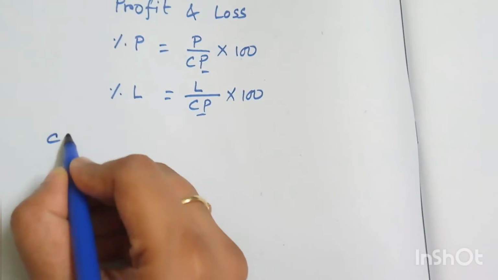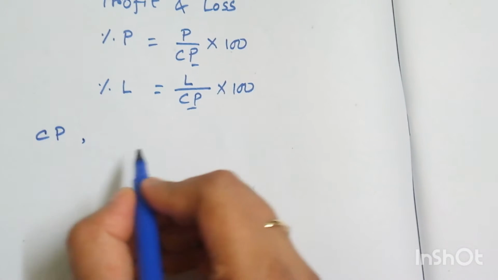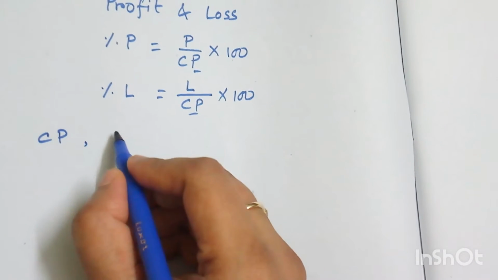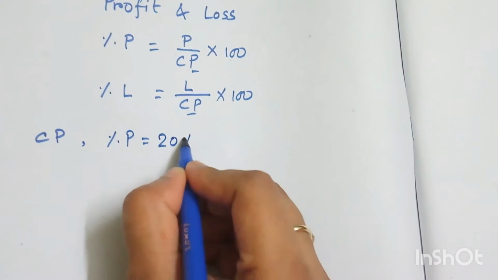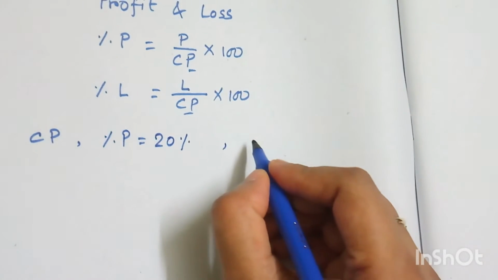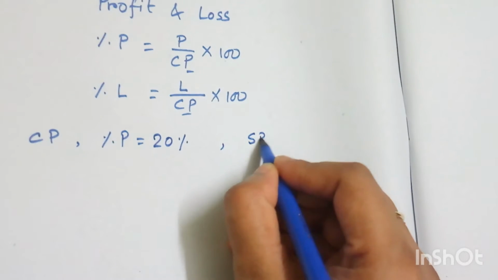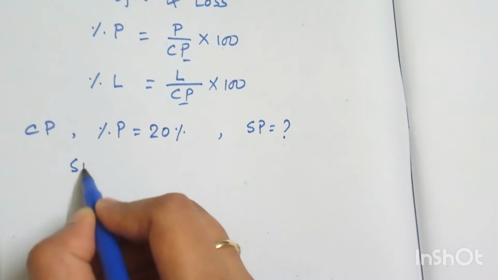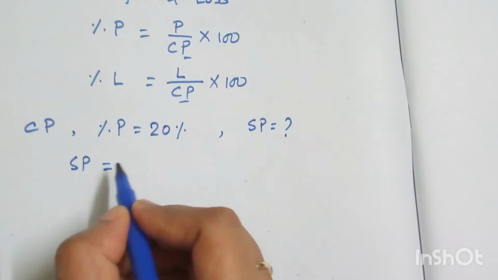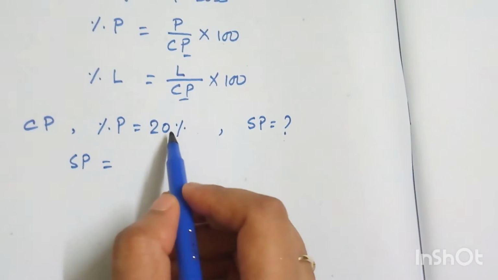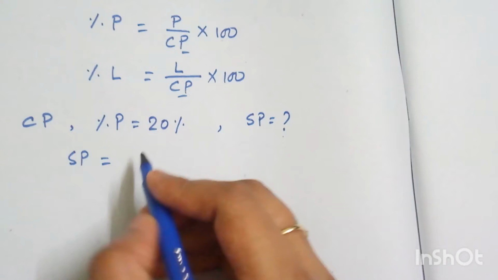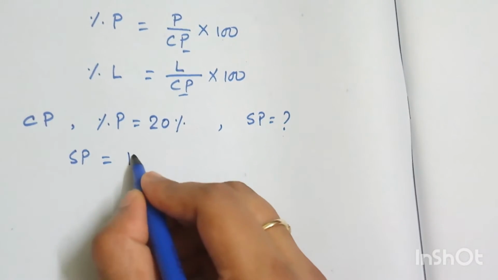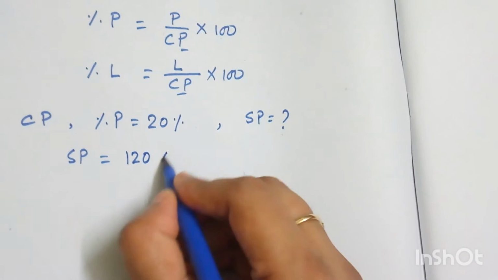Suppose cost price is given and percentage of profit is given as 20%. You have to find out what the selling price is. Selling price will be 20% profit on cost price. That means 120%.